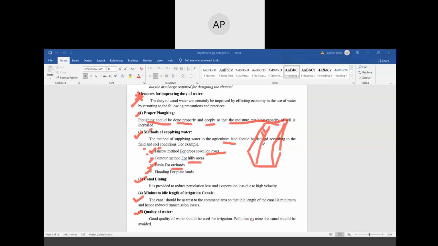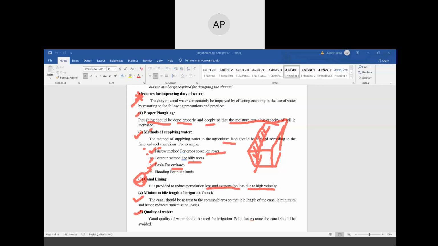Suppose this is one side, and this is the other side of the canal. So we have to line the sides of the canal properly so that we can prevent loss and evaporation due to high velocity. So to improve duty, we have to do canal lining.